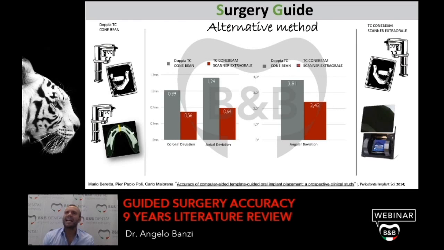And the results are really interesting because in angular deviation and global deviation we notice better accuracy. As you can see from this image, the double CT combine has a coronal deviation and apical deviation higher than the alternative method, and the angular deviation as well. So it seems that the alternative method works better than the original one.